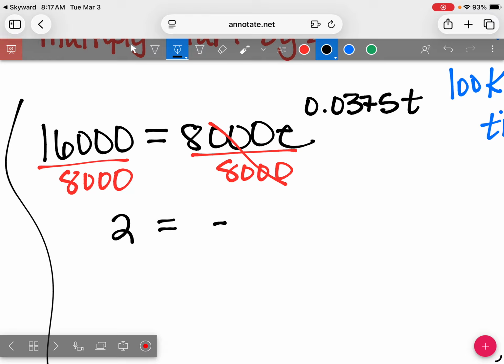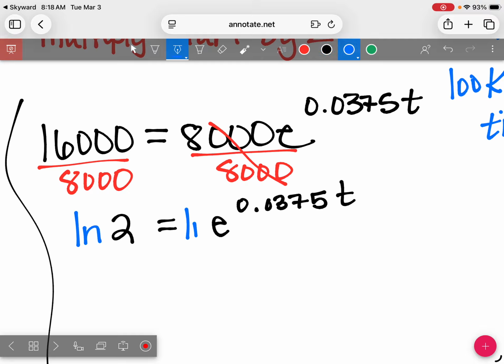2 equals E to the power of 0.0375 T. Okay, now we have an E. We got to get rid of E. What's the opposite of E? ln has to be the natural log, cannot be log.